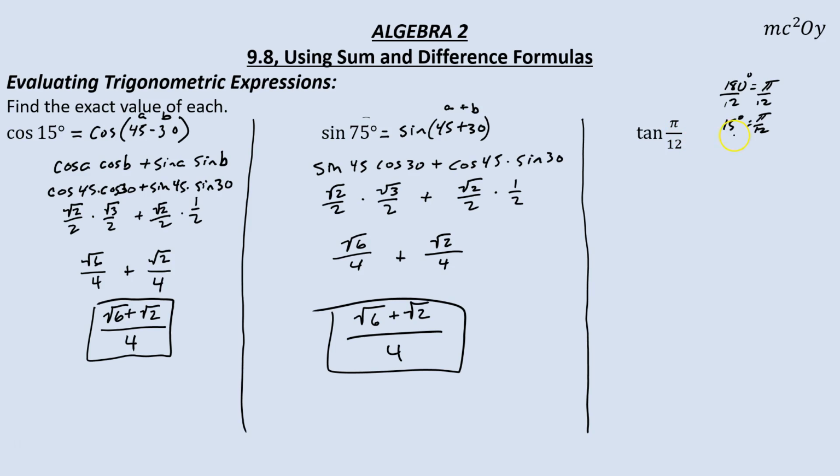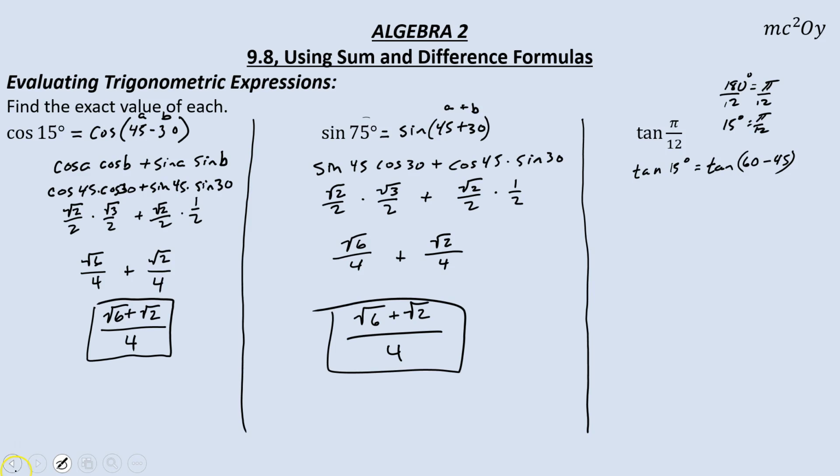And it makes it easier for me to think of it as degrees because I can then go, well, I know that the tangent of 15 degrees is equal to the tangent of 60 degrees minus 45. Now there's multiple things you can come up with for 15 degrees, but I'm going to use those two.